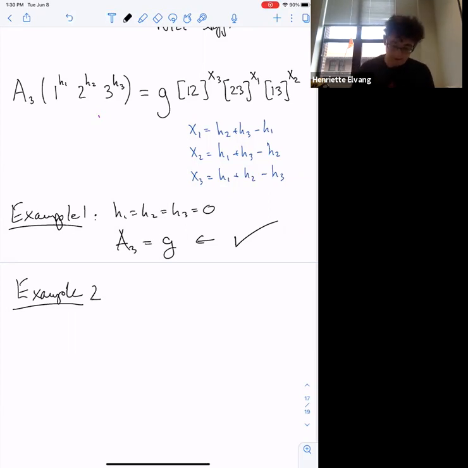Let's take a look at a situation with fermions. So say particle 1 is a positive helicity fermion, particle 2 is a positive helicity fermion, particle 3 is a scalar. What can it possibly be? Well, you can see that in x1 and x2, the polarization, the h's cancel, you get 0. And what you're left with is some constant times square bracket 1, 2 to the first power.